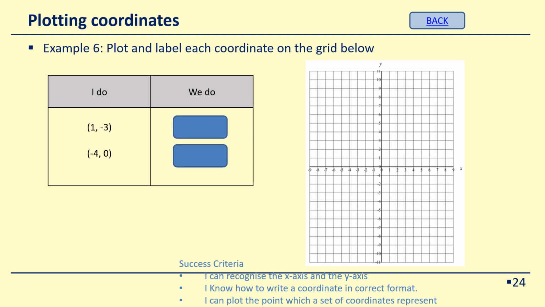Okay, so (1, -3) is there, (-4, 0) is there. See if you can find where these two points are. If you haven't paused the video, pause it now because I'm going to do the answers.